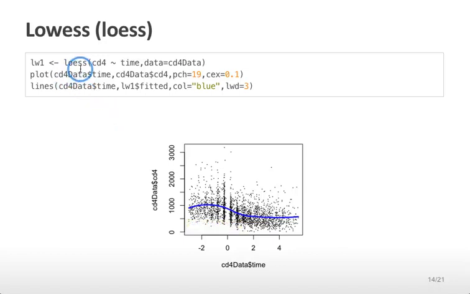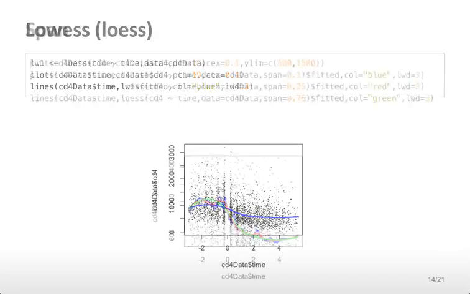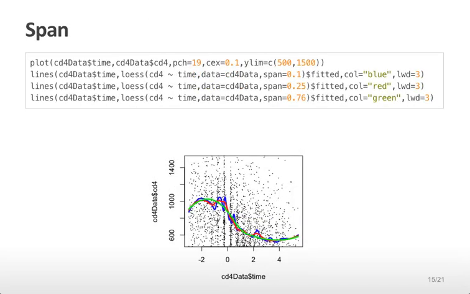That's because the loess function does some decision making for you in terms of choosing how smooth this line should be. You can look at the arguments of the loess function if you want to learn a little bit more about how those decisions are made. If you don't want to rely on the default decisions in the loess function in R, you can do something like set the span of the loess. The span relates to the number of points that are used when smoothing.